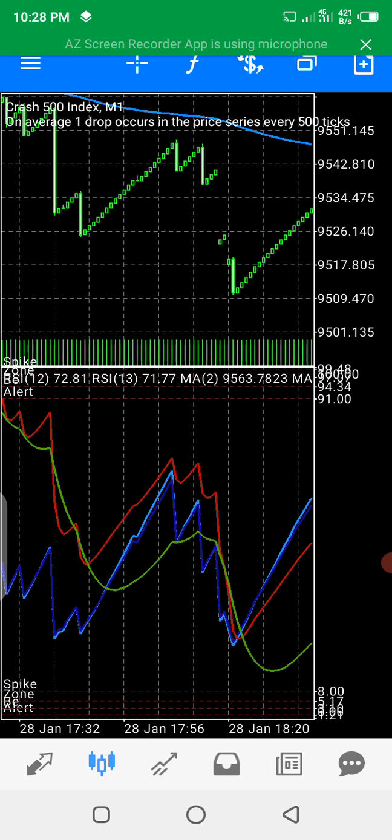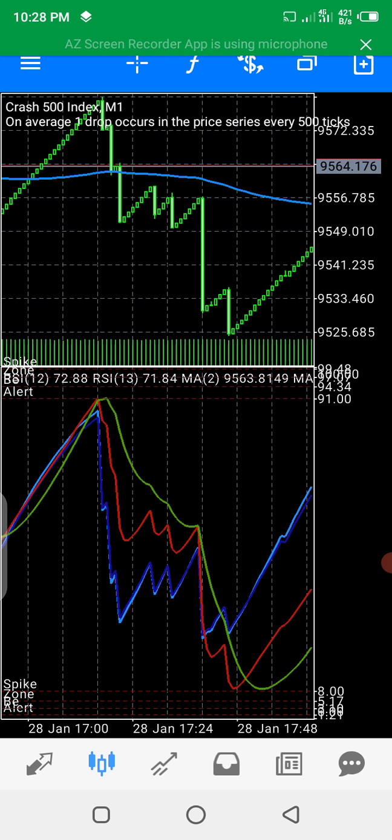So we're here. Yes, our spikes were just spiking. The logic here is that you let it touch the 91 level, and spikes will just be flowing in that order.